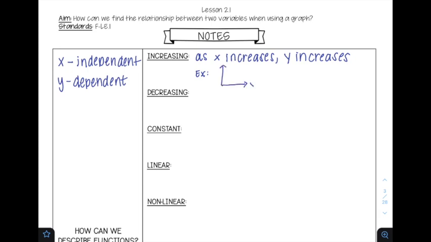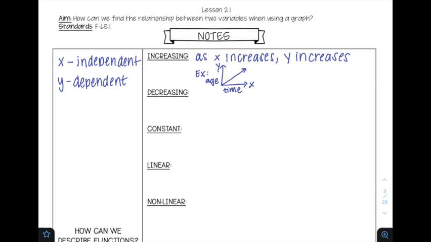Our x is horizontal and our y is vertical. If we talk about age, it increases over time. So then we have an increasing relationship. Age increases over time.